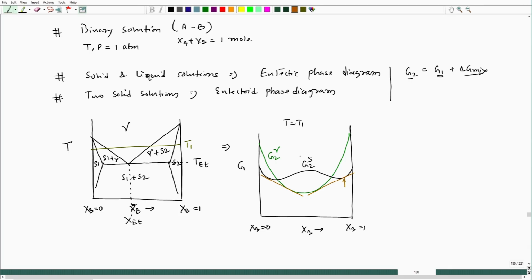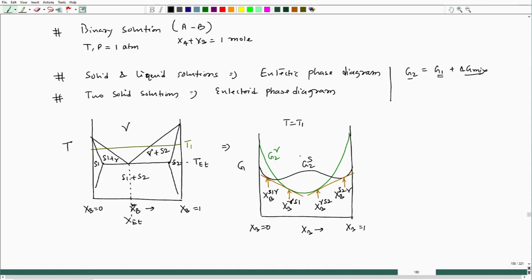So, these are the equilibrium compositions at T equal to T1, and we can mark XB of solid 1 in equilibrium with gamma. This is XB of gamma in equilibrium with solid 1. This is XB of gamma in equilibrium with S2, and XB of solid 2 in equilibrium with gamma.